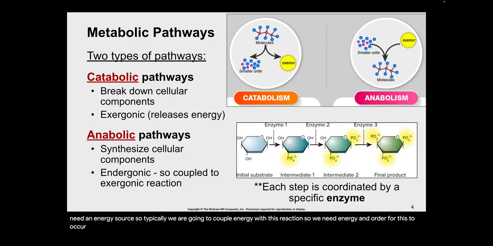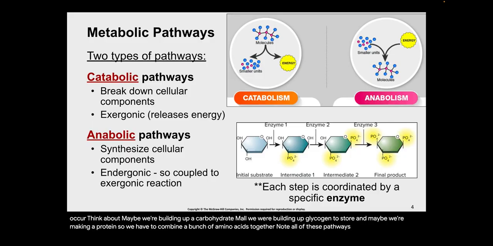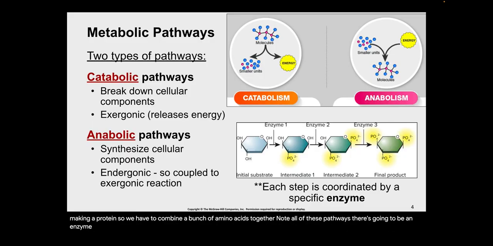So this is important when we think about synthesizing different components for our bodies. Maybe we're building up a carbohydrate molecule. Right? Maybe we're building up glycogen to store energy. Maybe we're making a protein, so we have to combine a bunch of amino acids together. Now it's important to note, for all of these pathways, there is going to be an enzyme coordinating each step.